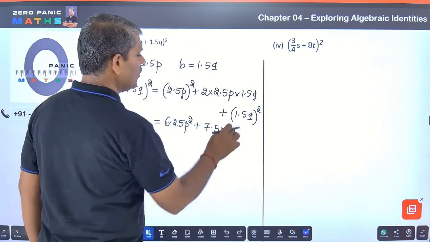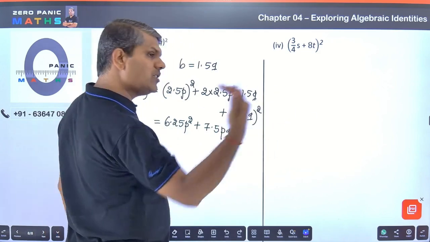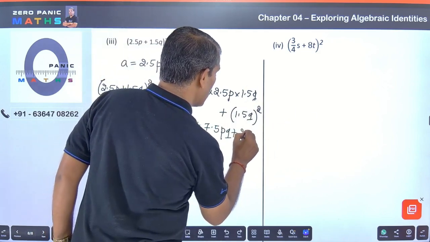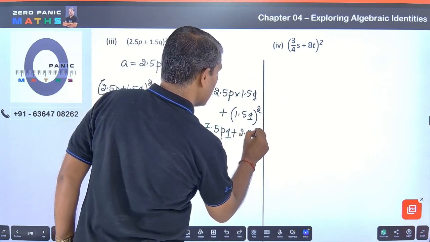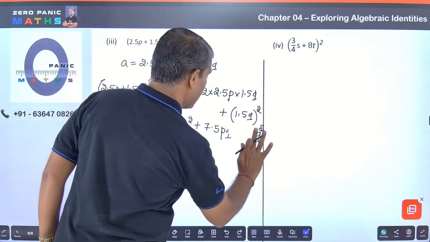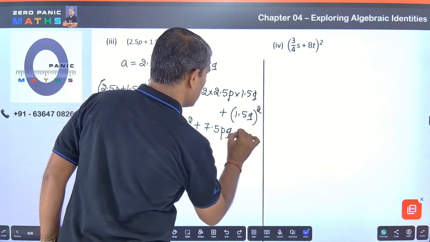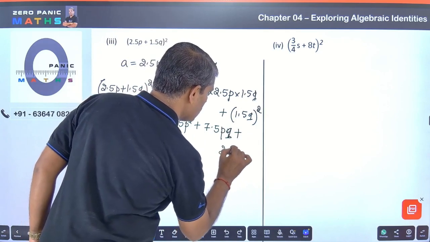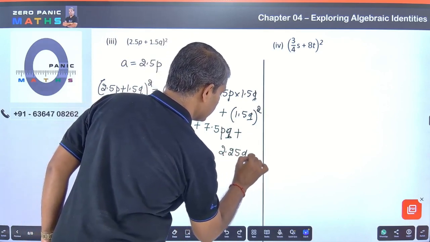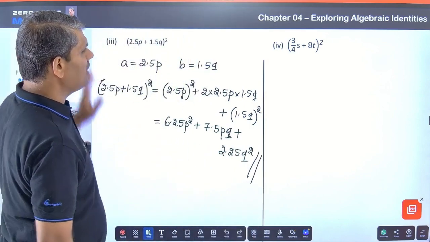Here also you can do 1.5 square, that is 15 square, 225. 2 digits from right, it will be 2.25, and q square. Hope you are getting it. Let me write this below here so that there will not be any confusion. It is 2.25q square. This is the expansion of this by using the same identity.